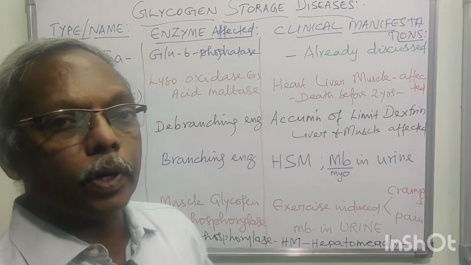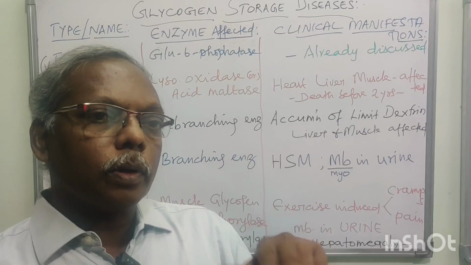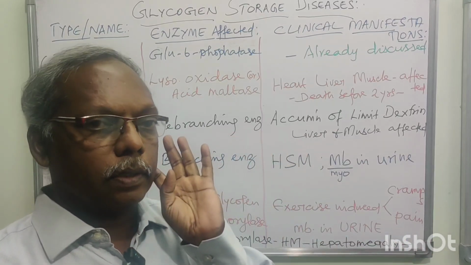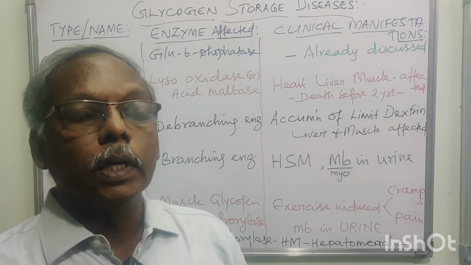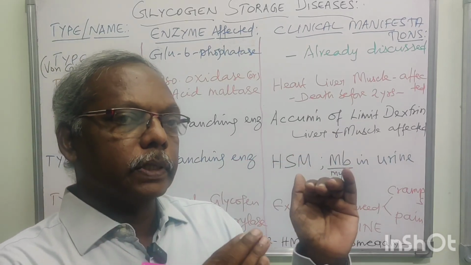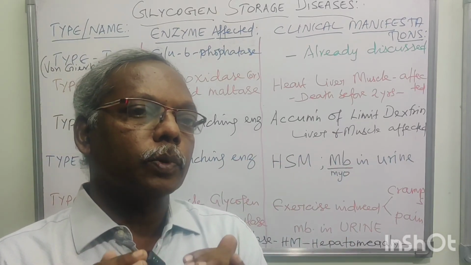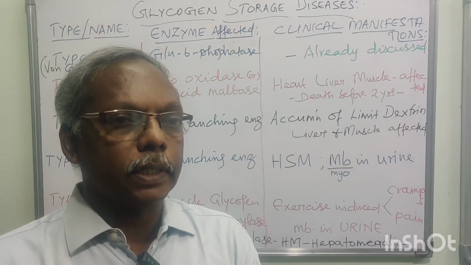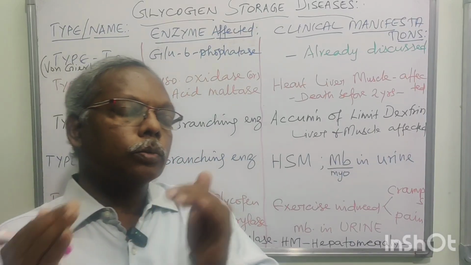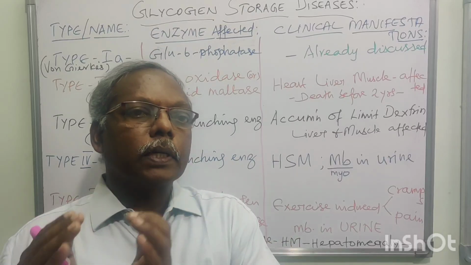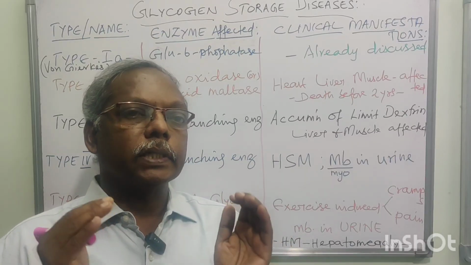First one is type 1A. 1B is there but not significant. 1A is very important, Von Gierke disease. You should mention the name of the disease, then the enzyme defect involved in the disorder, and third, due to this enzyme defect, what are all the clinical manifestations the patient is having.